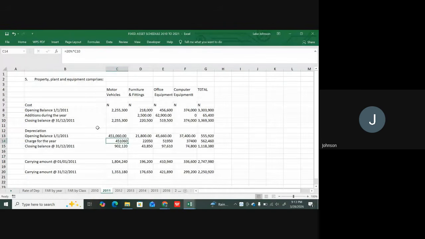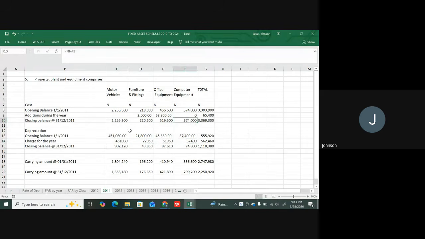And then we also know that some assets are always going to be for, let's say, 5 years, right? So we now say, okay, 20% of our closing balance is what we're going to pick over here for our charge for the year. 20%. So here are 10% of our closing balance, 10% of our closing balance, 10% of our closing balance.